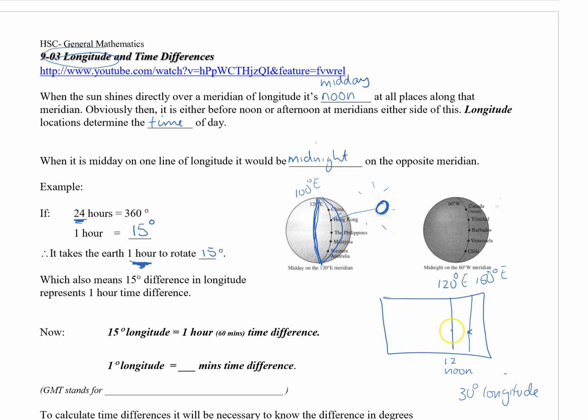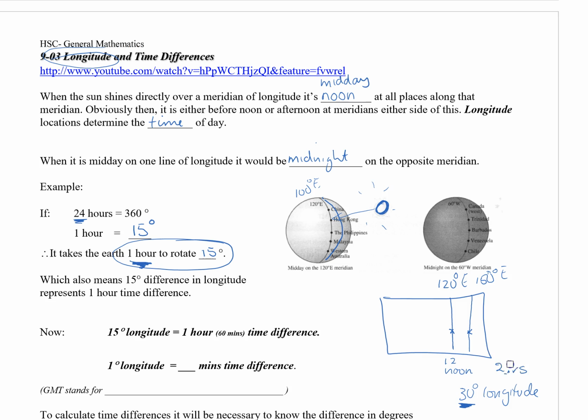So back to this example, if in Western Australia, along the longitude line of 120, it was noon, 30 degrees away is Sydney. 30 degrees means, according to this, double it, it means that it should be 2 hours later.